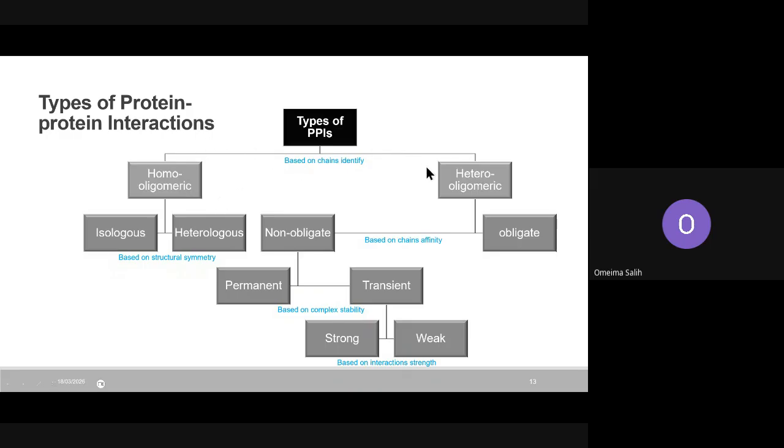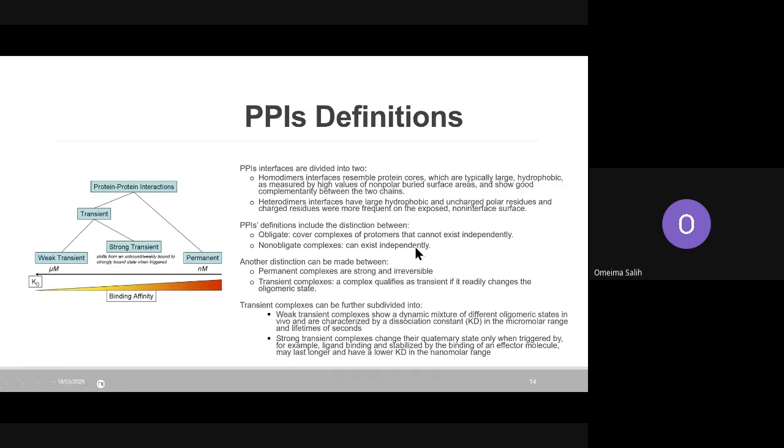If they are different, then we call them hetero-oligomeric. The homo-oligomeric are either isologous or heterologous, and this is based on structural symmetry. We are going to define this in more depth in the coming slides. Hetero-oligomeric are non-obligate or obligate, based on chain affinity.